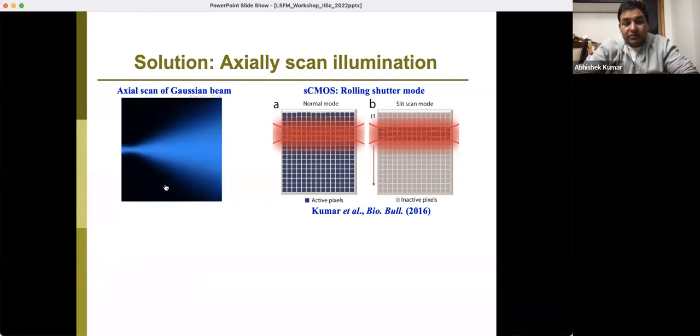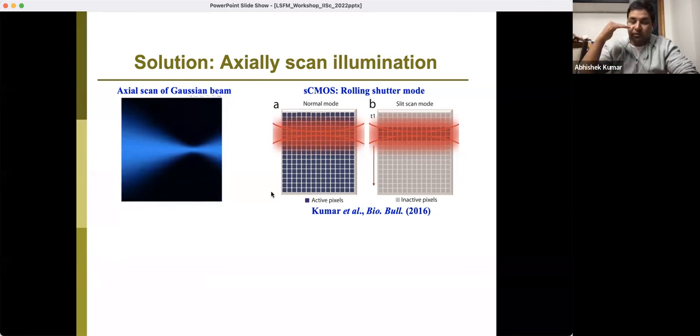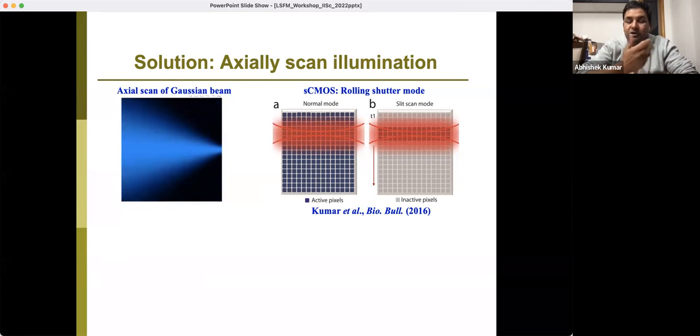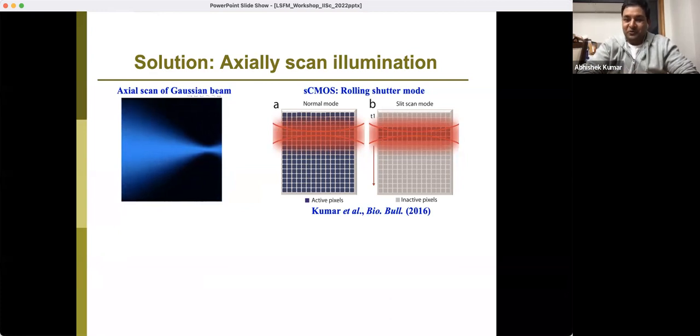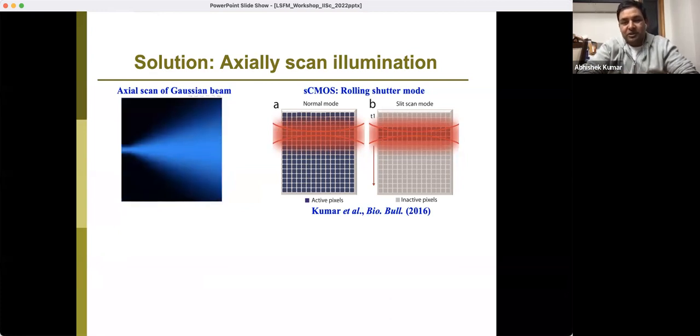The other limitation is that even if your camera is fast and you can mechanically scan this fast, you need enough photons. If you don't get enough photons from your sample, then going fast doesn't help you. So that's another limitation.